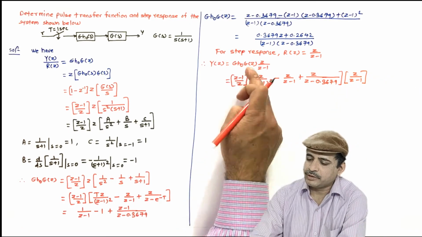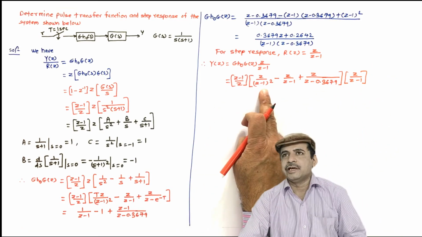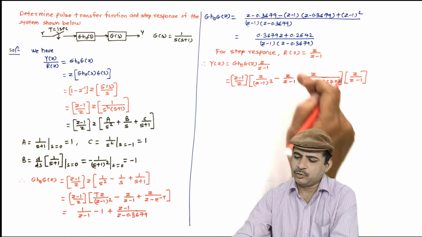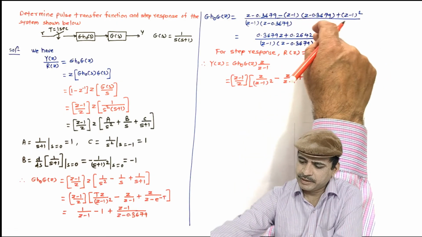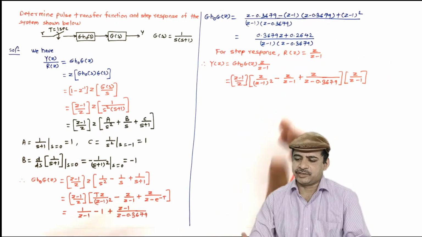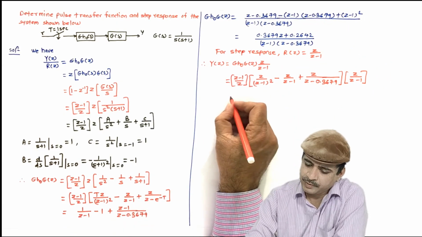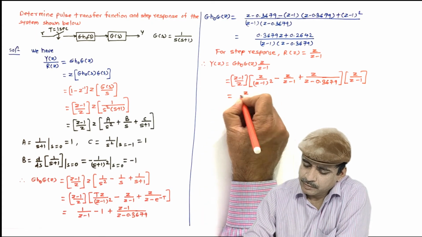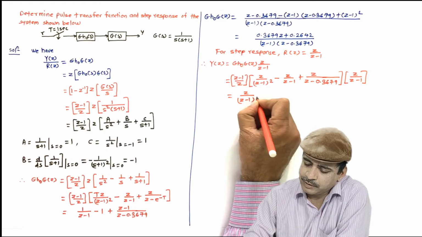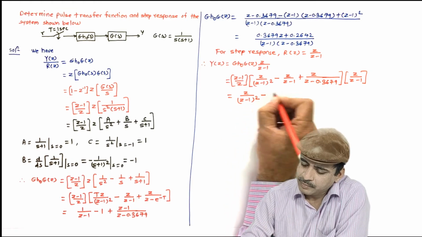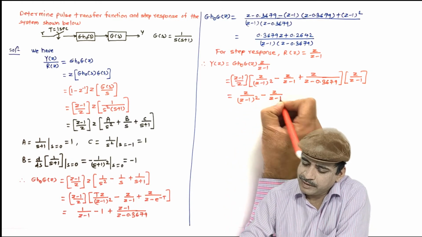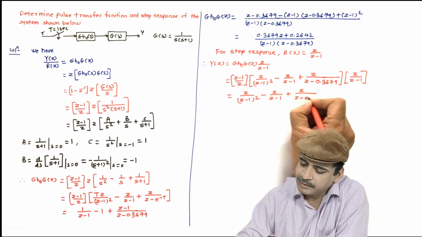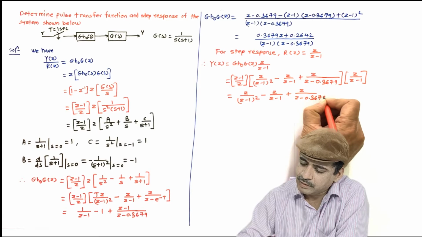Why I did this? Because this gets cancelled and without doing any partial fraction I get the expression. Otherwise, what one can do, you can multiply this with z upon z minus 1, take partial fractions, you will get the same. And then it is equal to z upon z minus 1 whole square minus z upon z minus 1 plus z upon z minus 0.3679.